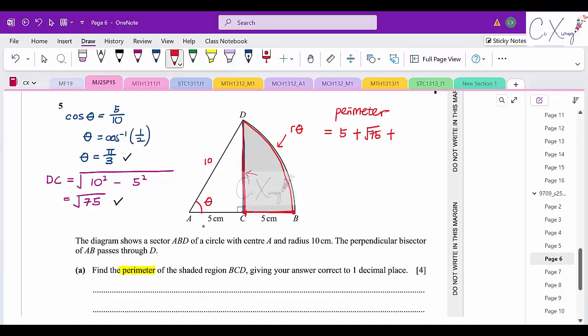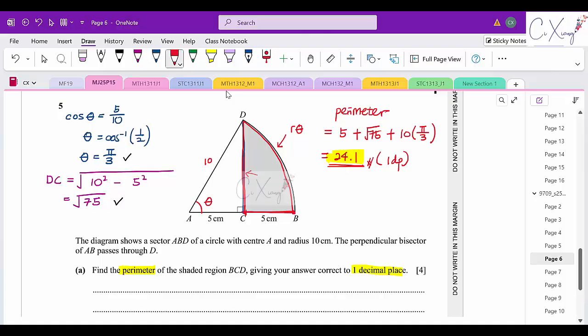R is 10, and theta is pi over 3, so we write 10 theta. Then use a calculator to help a little bit. You will get a perimeter of 24.1. I keep it this way because they are asking for 1 decimal place, so this is the 1 decimal place answer.